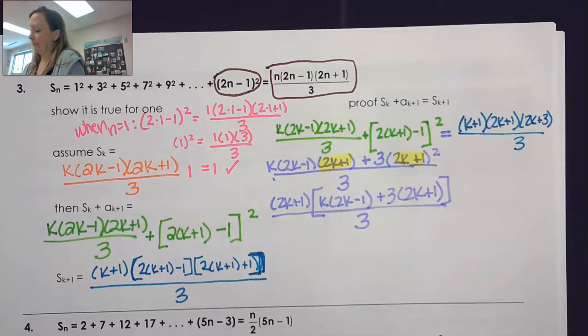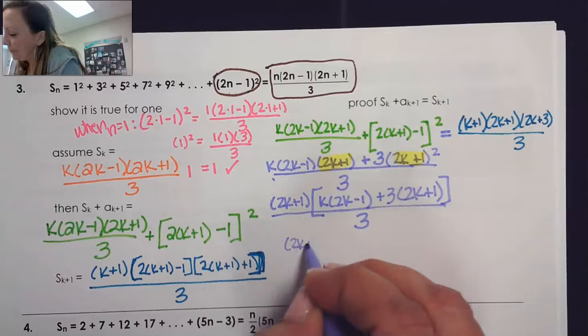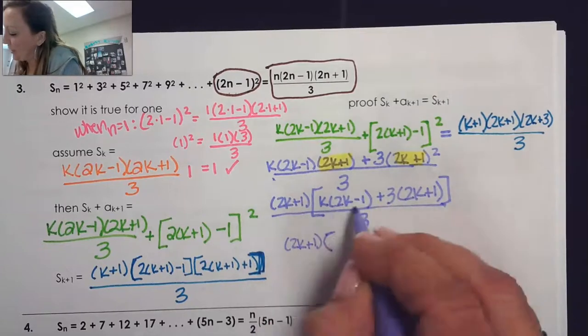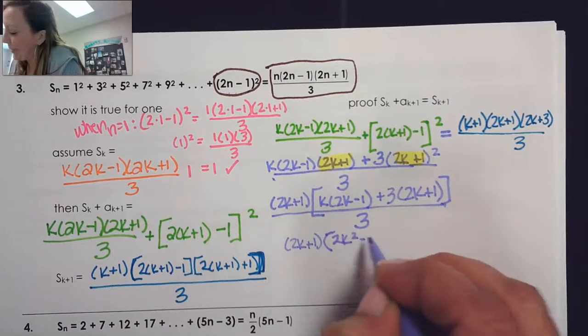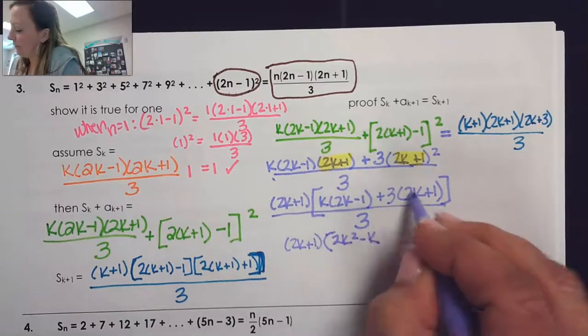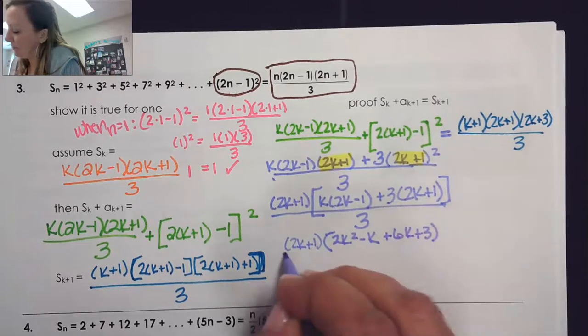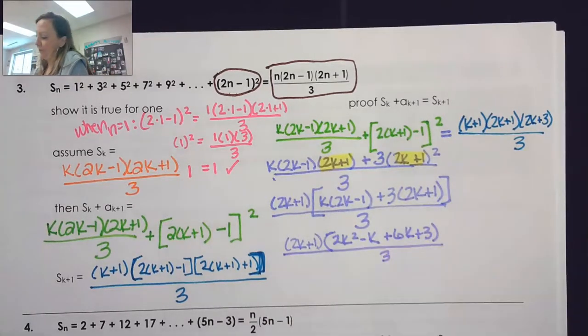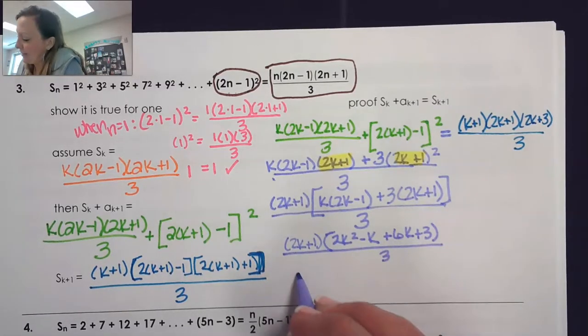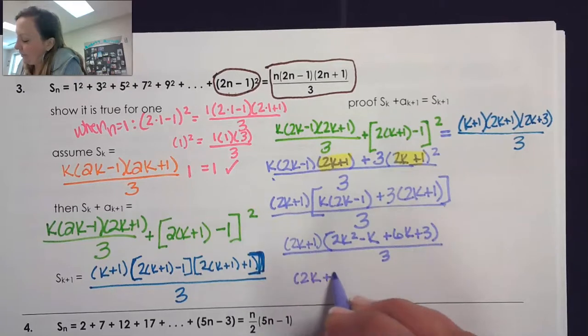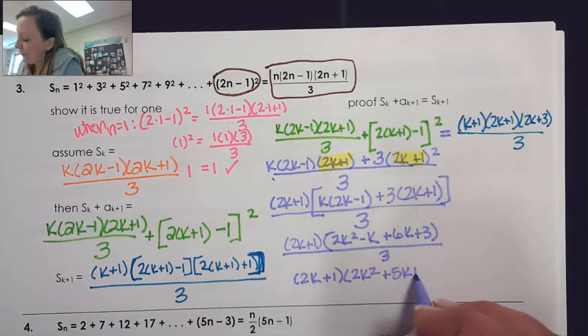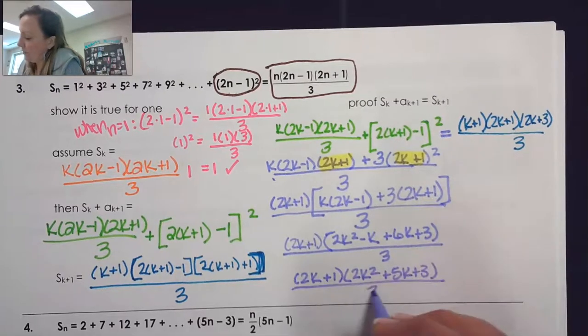Okay. So let's clean up the middle here. This turns into 2k squared minus k. And this is 6k plus 3. I could combine like terms next. And I get 2k squared plus 5k plus 3 over 3.